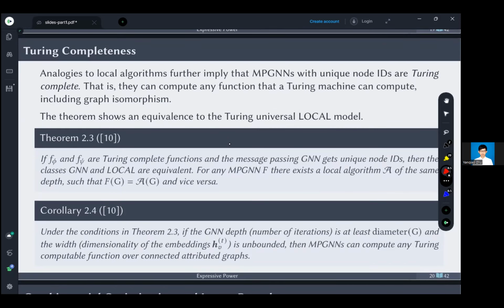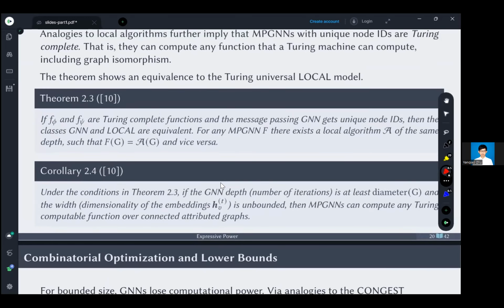Basically, based on this equivalence, we can compute any function that a Turing machine can compute. Because in a Turing machine, we are allowed to do the graph isomorphism problem, so we can establish this equivalence here. And there are two theorems showing the equivalence of the Turing universal local model to the graph neural network model.